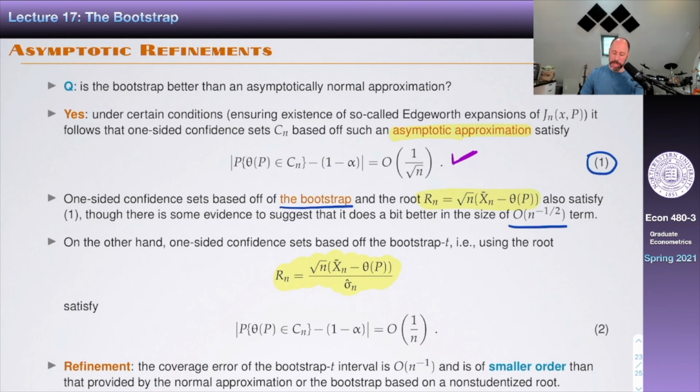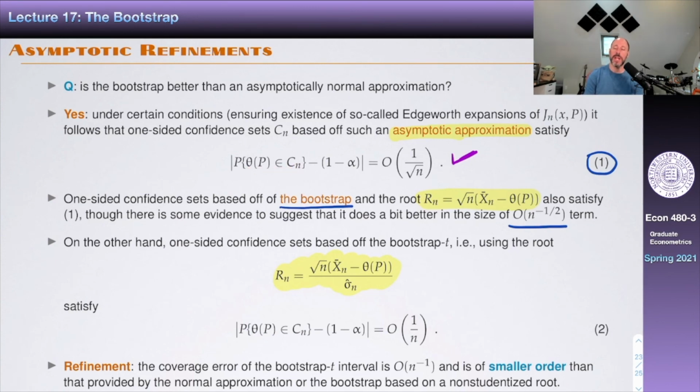So what this means is that the Bootstrap here also makes an error, it is also an asymptotic result. But the difference between what you want, which is 1 minus alpha, and what the Bootstrap gives you, which is this coverage over here, tends to be closer to each other than what an asymptotic approximation gives you.